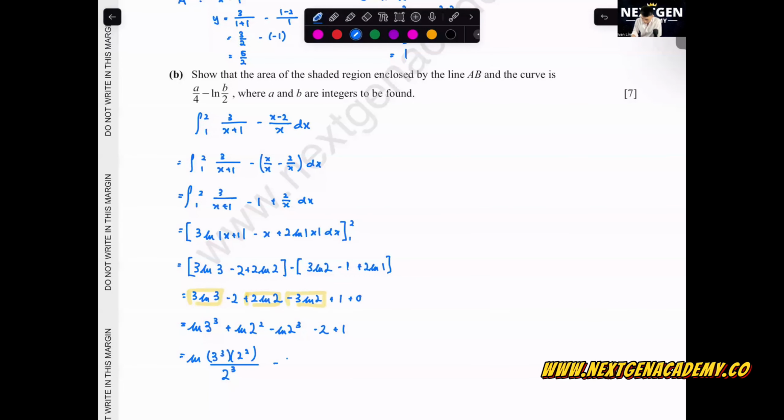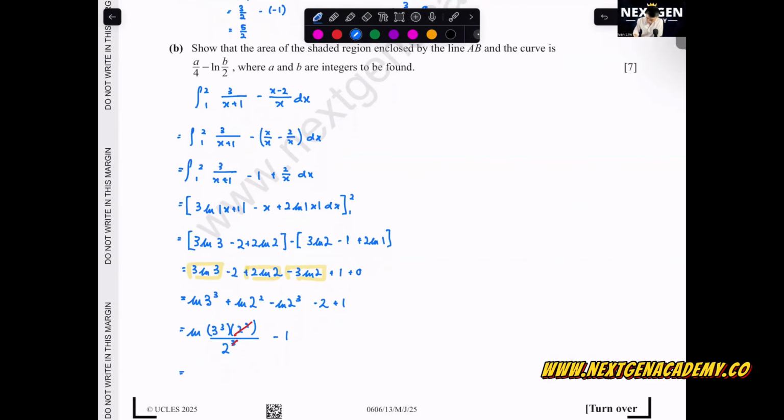Minus 2 plus 1, minus 1. How to simplify this one? 2 squared, this one cancels. This one becomes 1. 3 cubed is 27 over 2. So we simplify to ln 27 over 2 minus 1. The simplifying part sounds a bit lengthy.